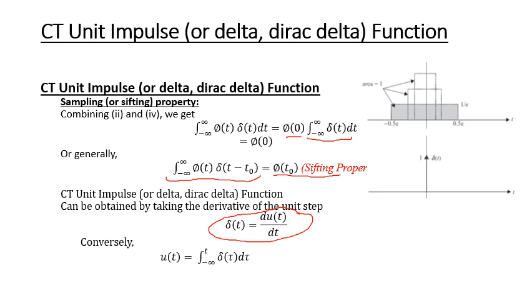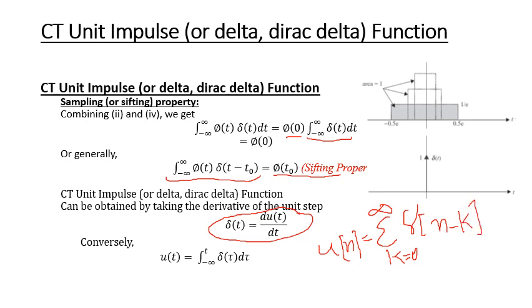Similarly, we defined the unit step function in terms of the impulse function as a summation. If you recall, we said u of n equals the summation, k running from 0 up to infinity, of impulse of n minus k.